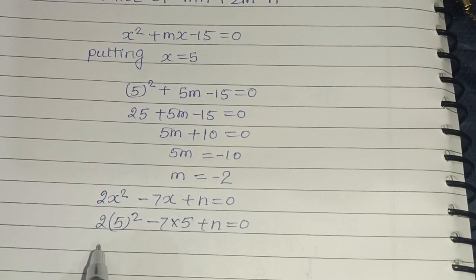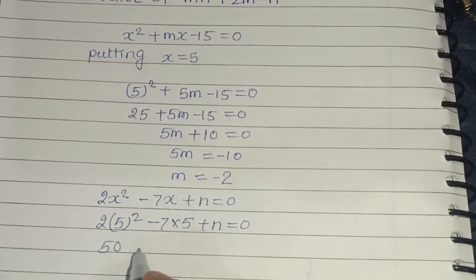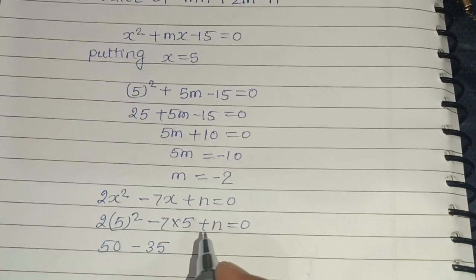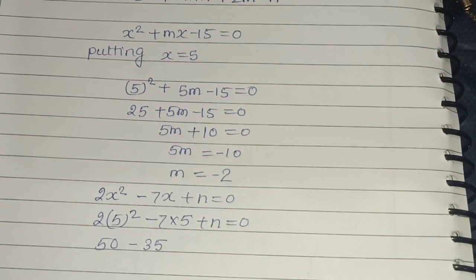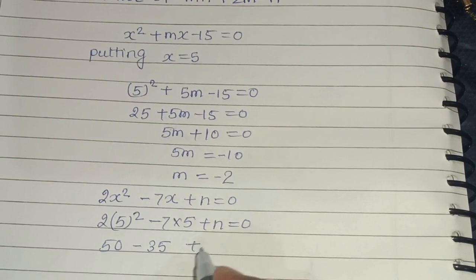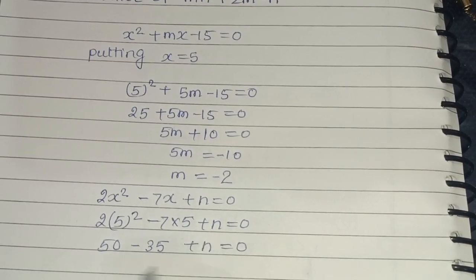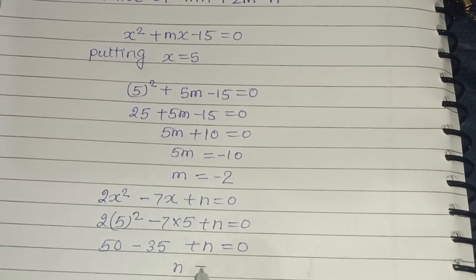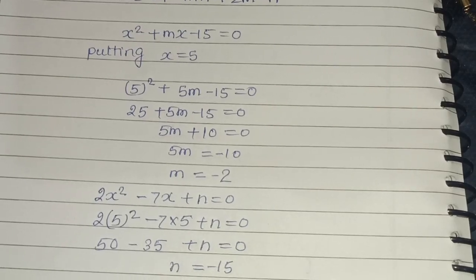That is 25 into 2, that is 50, minus 35 plus n is equal to 0. So 50 minus 35 is 15, so n is equal to minus 15.